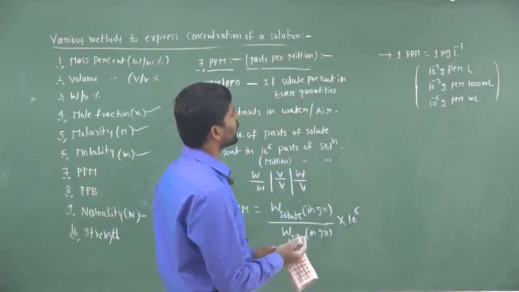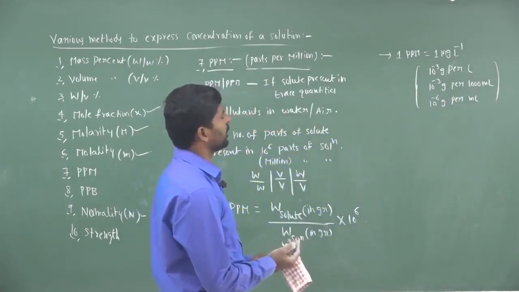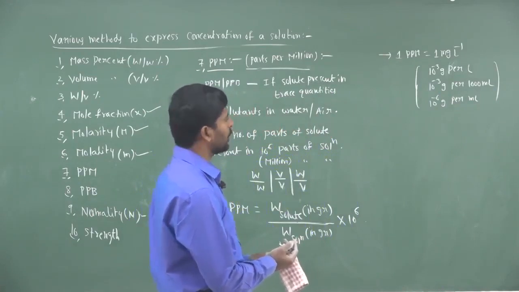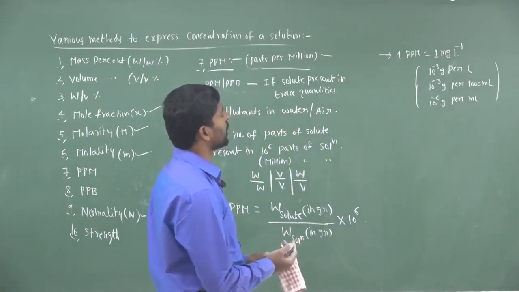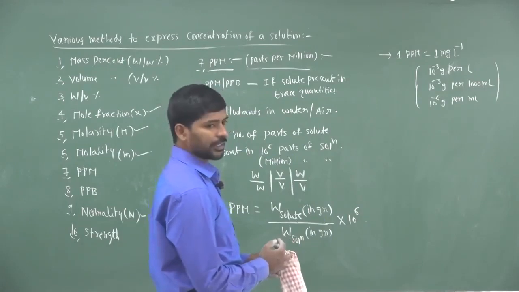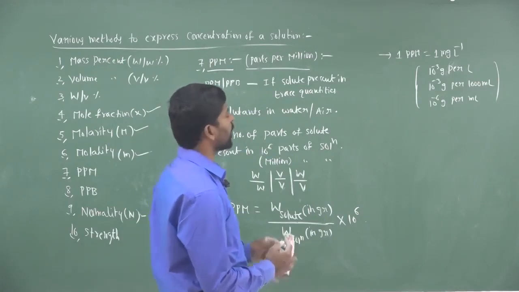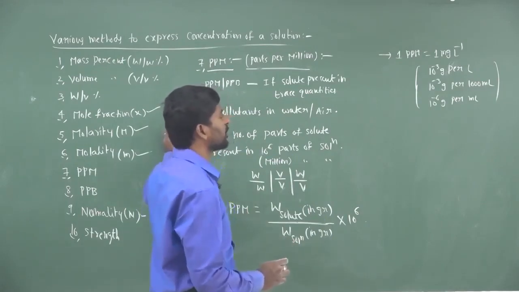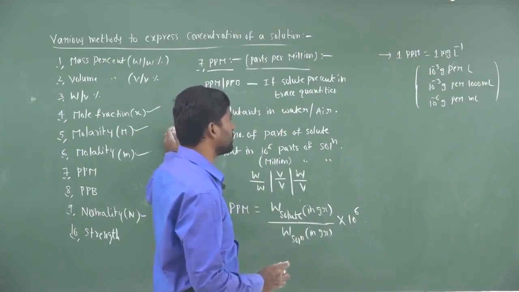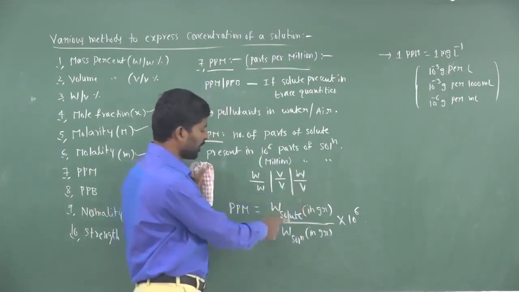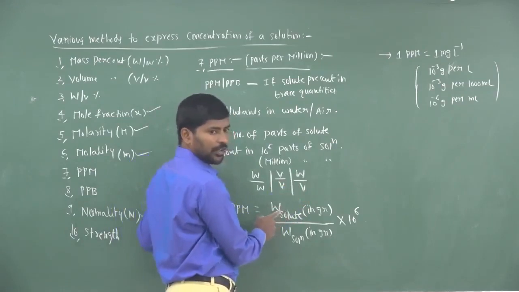So 1 ppm is nothing but 1 milligram per liter, which is 10 power minus 3 grams per 1000 ml, or 10 power minus 6 grams per ml. If 10 power minus 6 grams is present in 1 ml, what is its ppm?